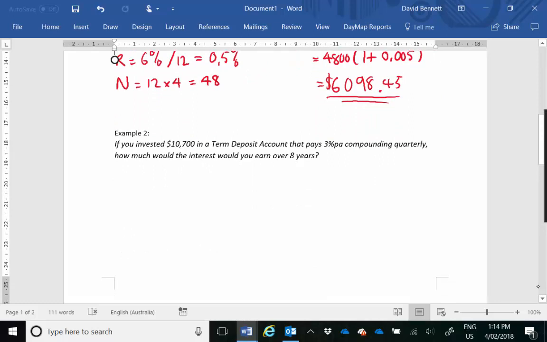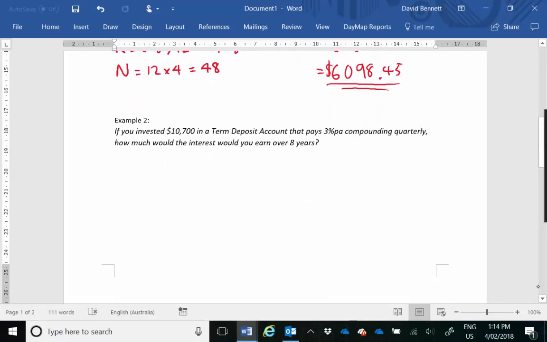All right, so the next example I'm going to go through, the present value is equal to $10,700. The interest rate R is equal to 3%, and it's compounded quarterly.